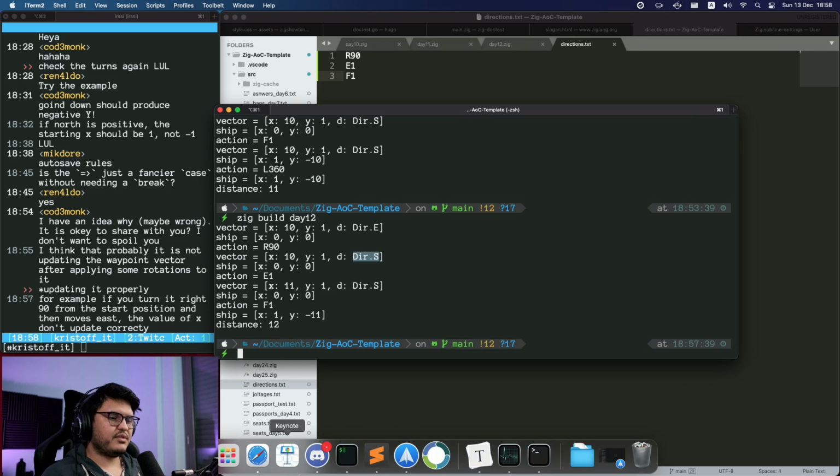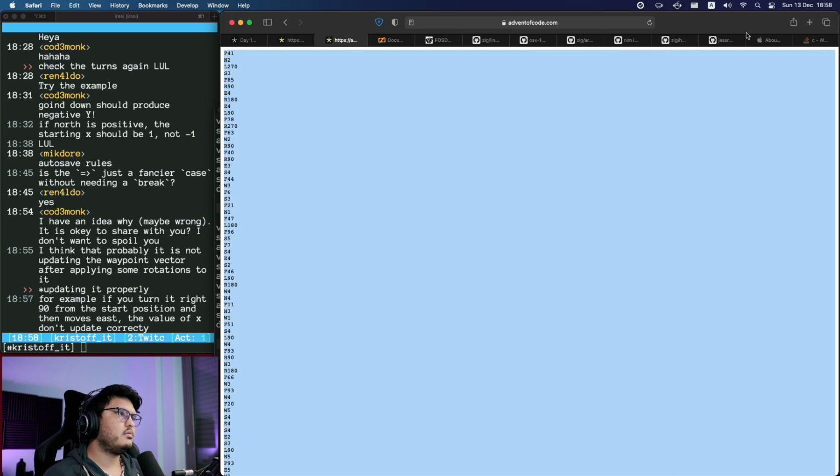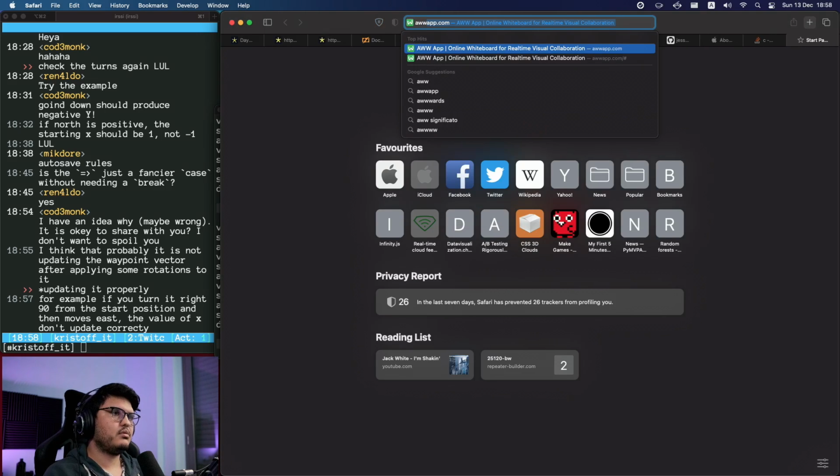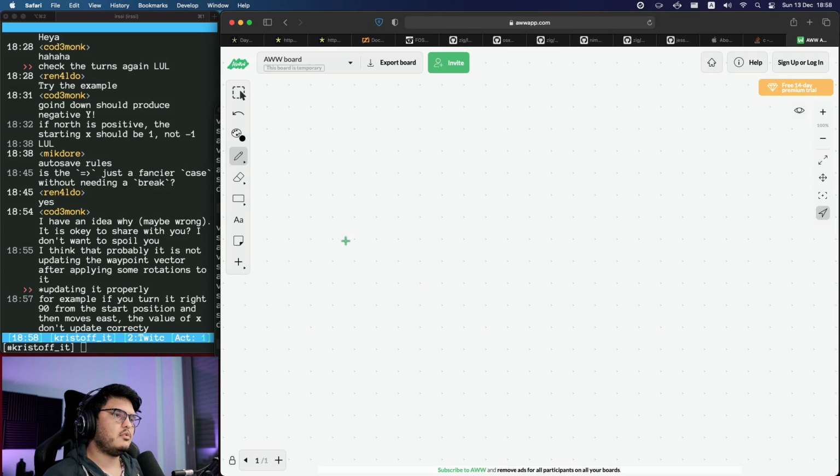Let me draw this. So this is the ship, and the vector originally is like 10 east, 1 north. So the vector is like this, right? This is 10, this is 1, the two components.